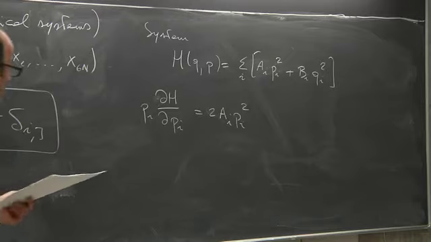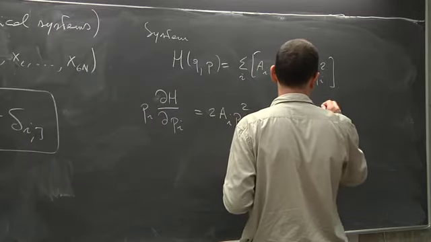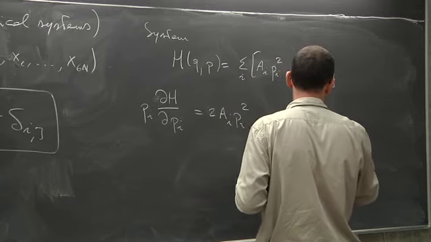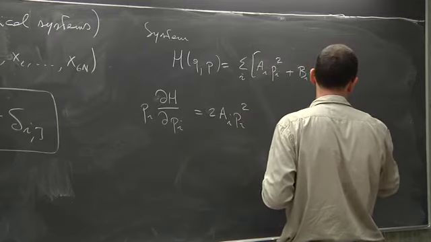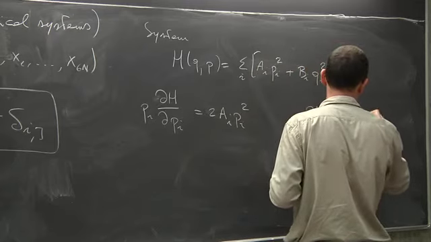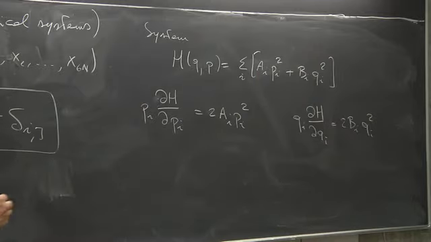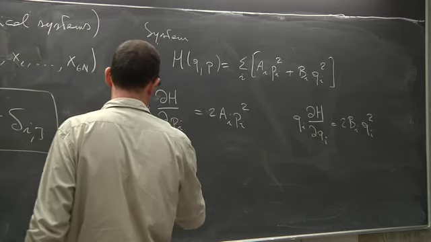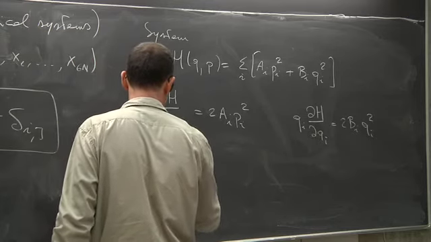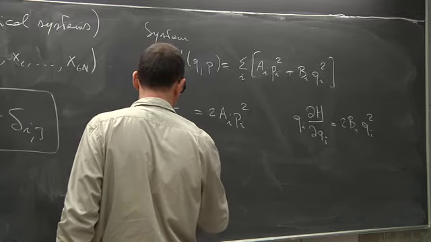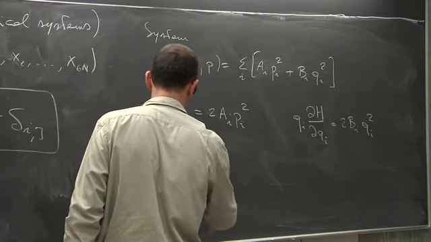And if you do the same with q, q_i times dH/dq_i, you will have just twice b_i times q_i squared. Okay, which means that now if you take the sum over i of p_i ∂/∂p_i plus q_i ∂/∂q_i of the Hamiltonian.